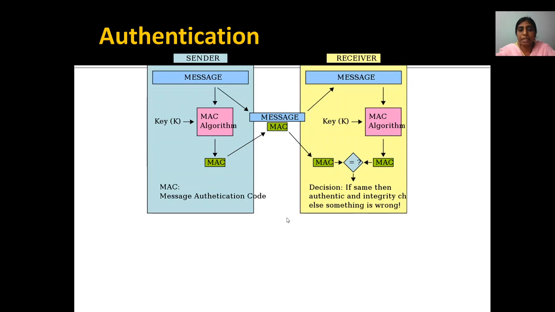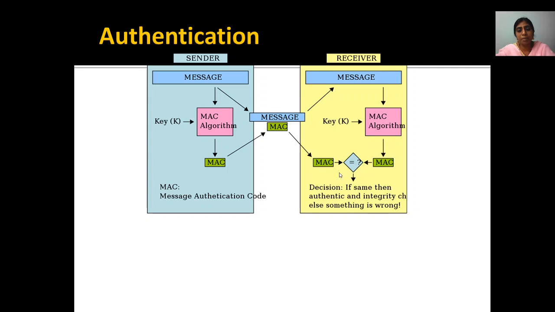Now for authentication. Whenever the message is sent, we apply the MAC algorithm with the key and get a MAC code. Taking the message as well as the MAC code, at the receiving end we apply the MAC algorithm to check whether the MAC is the same or not.